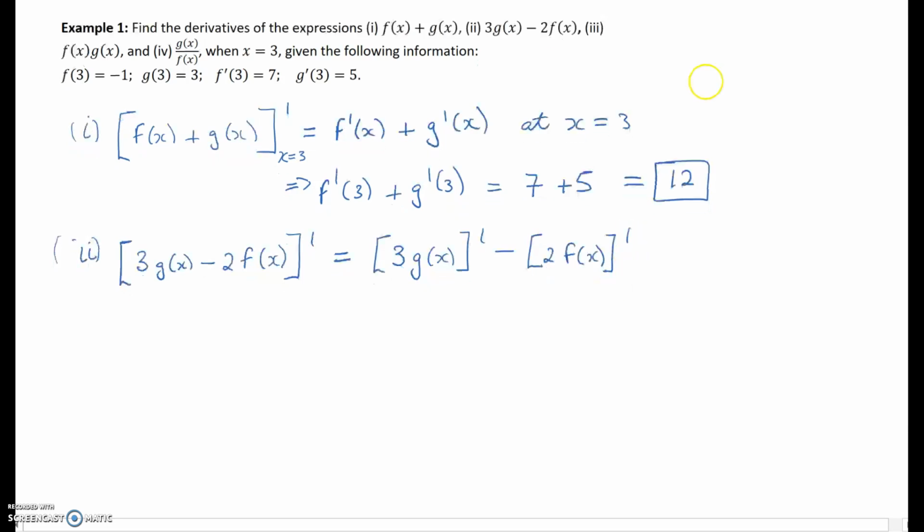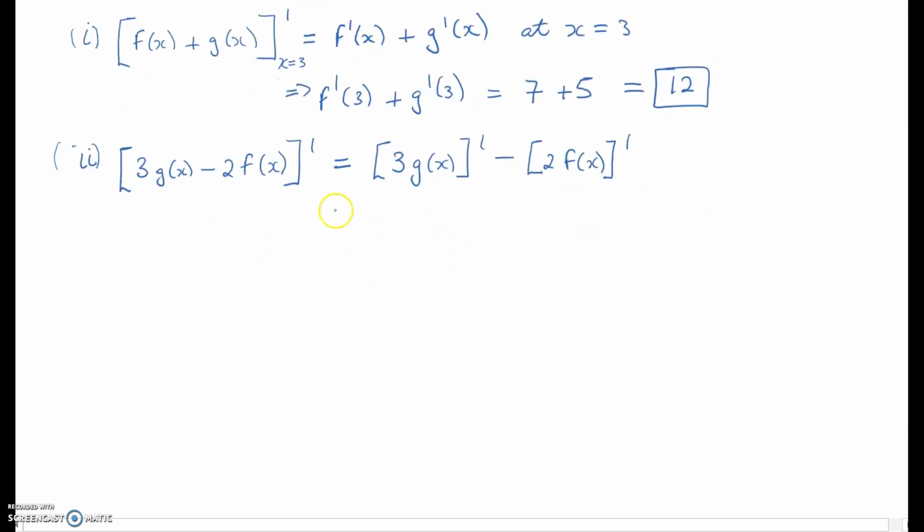Okay. Well, when we multiply by a constant, we can sort of remove the constant, so it becomes 3 times g prime of x minus 2 times f prime of x. If you're multiplying the function by a constant, you can just remove it right in front.